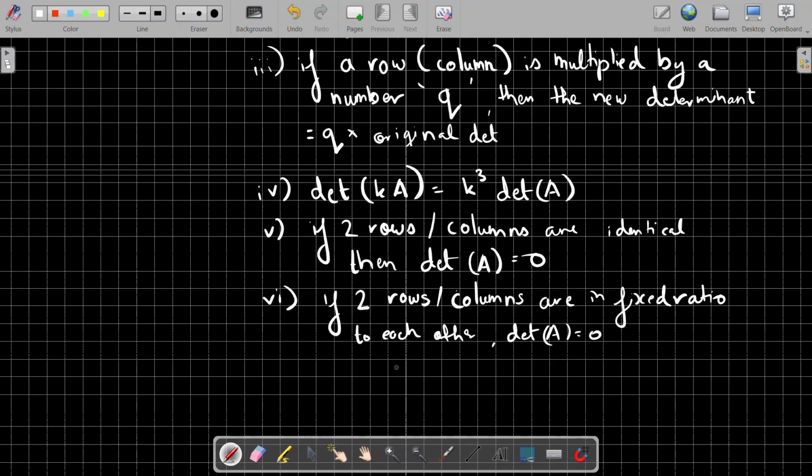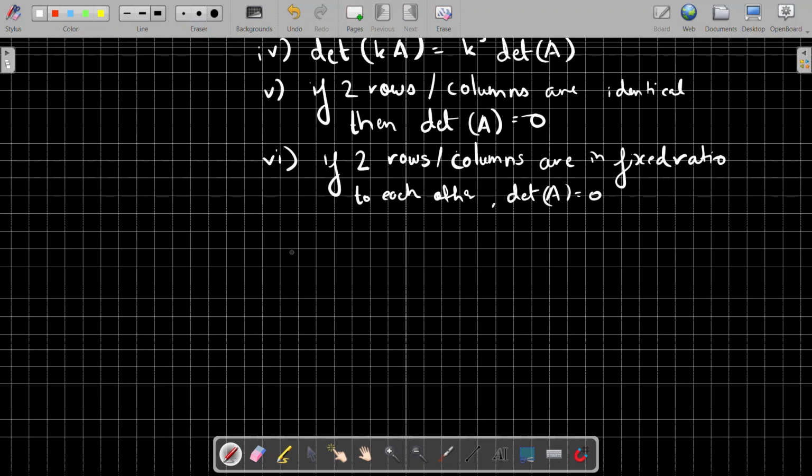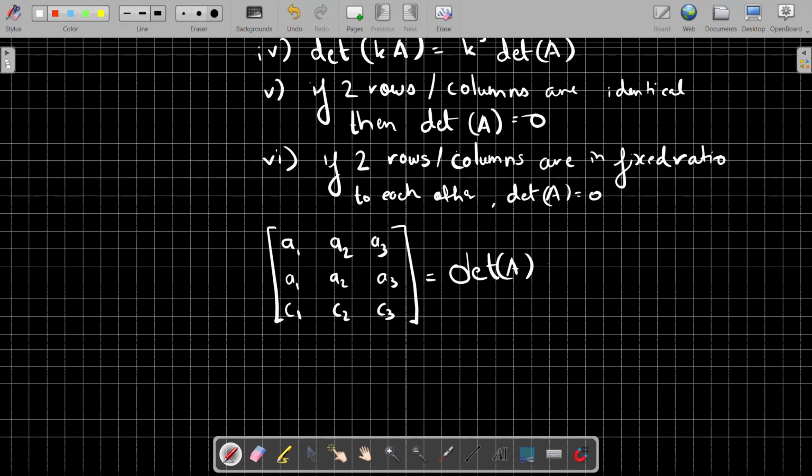So what does it mean? What do these two properties together mean? Let's say the matrix is like this: a1, a2, a3, a1, a2, a3, and c1, c2, c3. The determinant of this matrix will be 0. Det A will be 0 for this matrix.